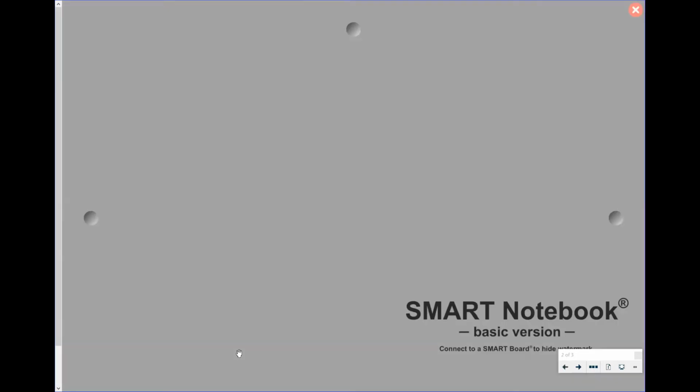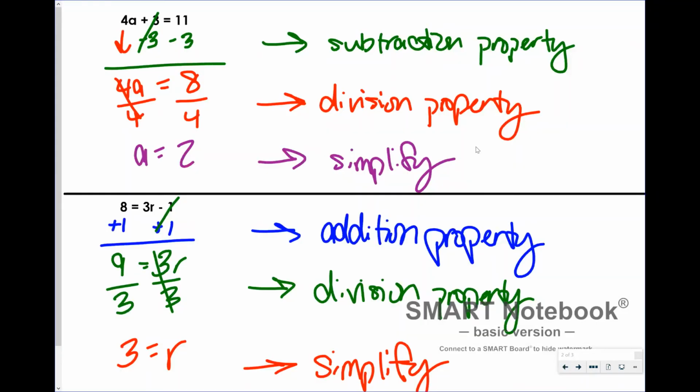Now, okay, and let me just get rid of this X here and copy all this down here. Copy, copy, copy. Every step. Or take a screenshot.